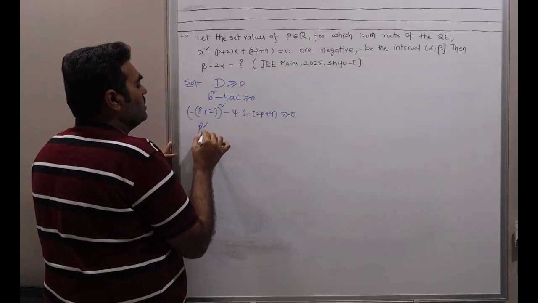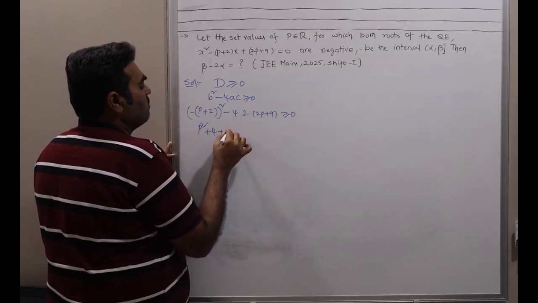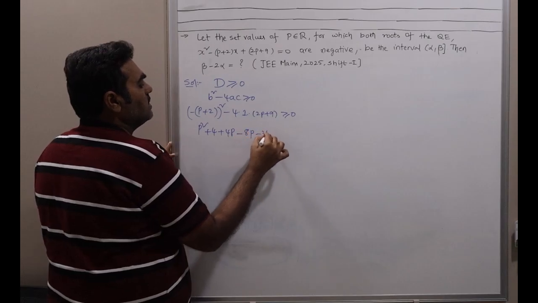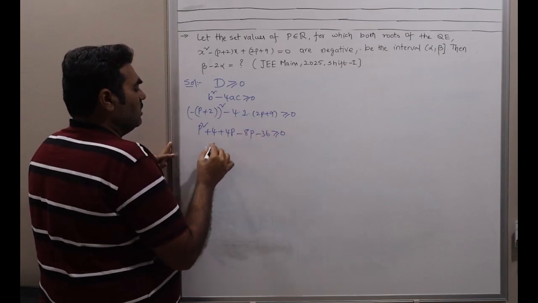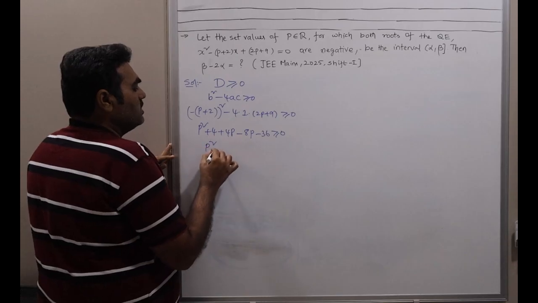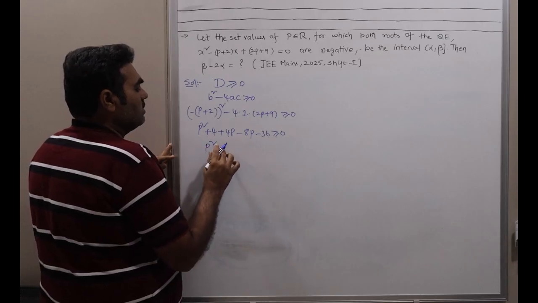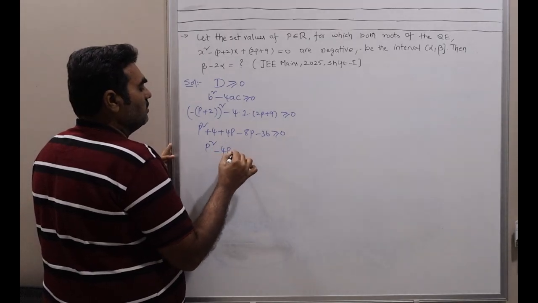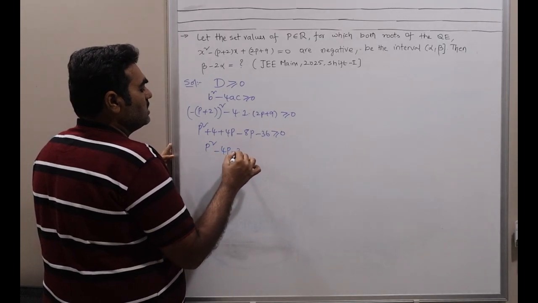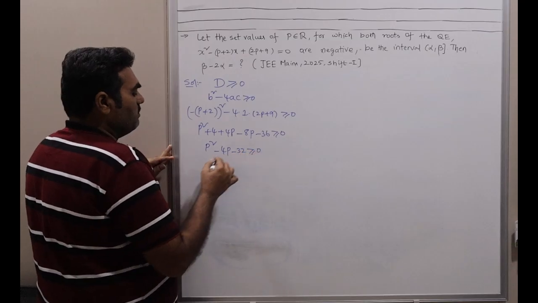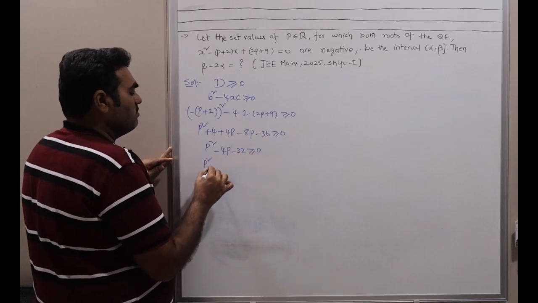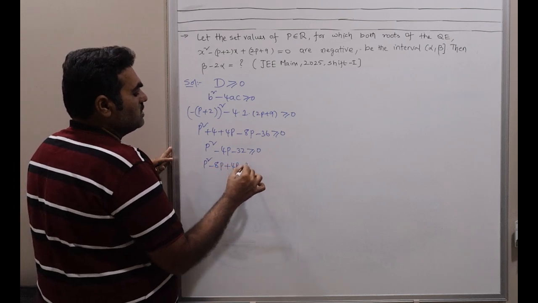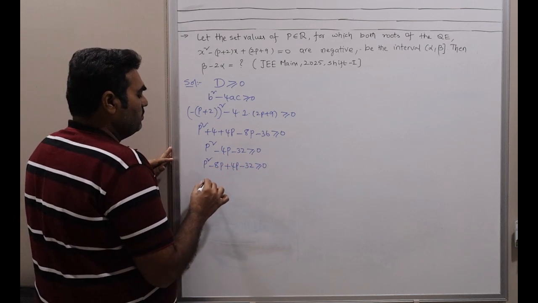If I expand, p square plus 4 plus 4p minus 8p minus 36 is greater than or equal to 0. Now if I simplify, p square minus 4p minus 32 is greater than or equal to 0. If I factorize this, I will get p square minus 8p plus 4p minus 32 greater than or equal to 0.